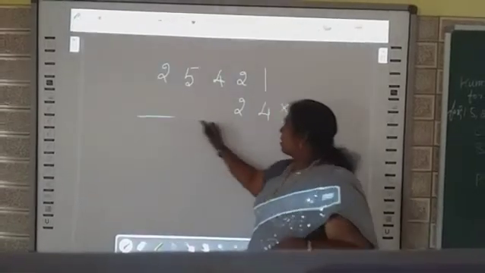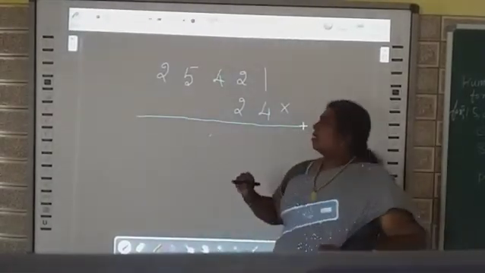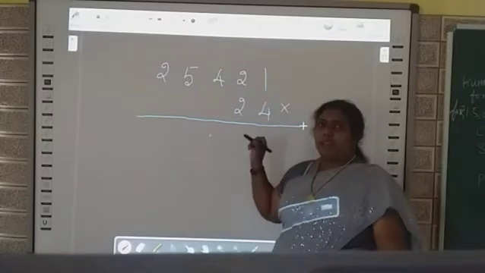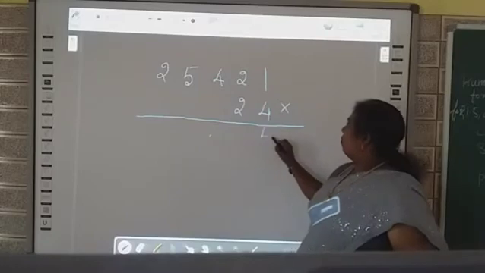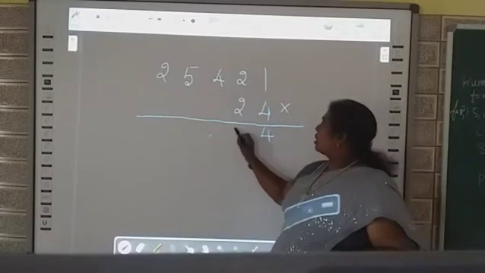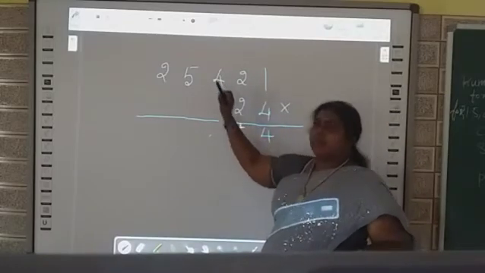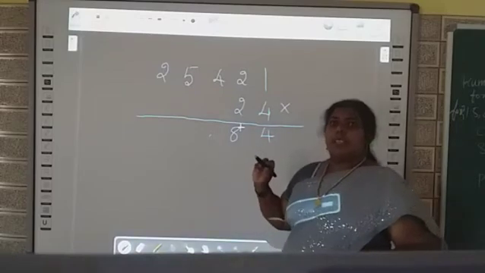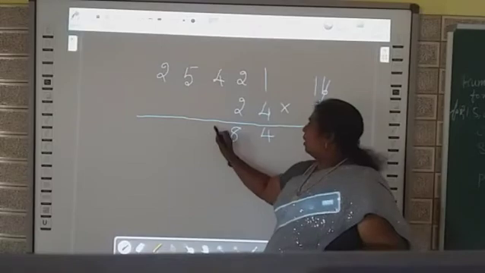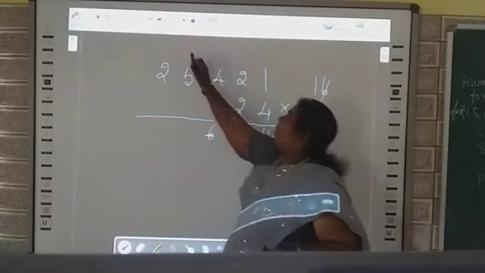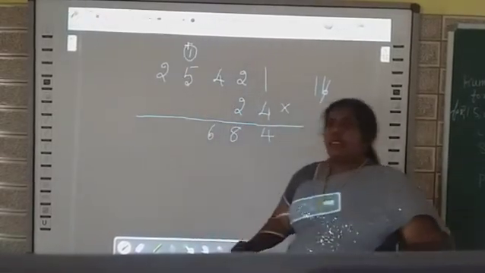Now we can multiply, right? So first we have to use the ones place. 4 times 1 is 4. Then 4 times 2 are 8. Then 4 times 4 are how much? 16. You are getting a double digit, isn't it? But you are going to write only 6 here. Then 1 is carryover.